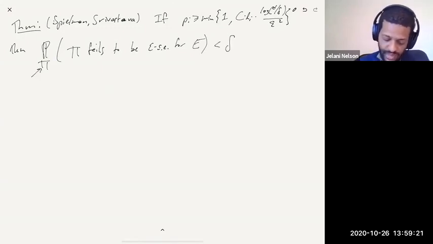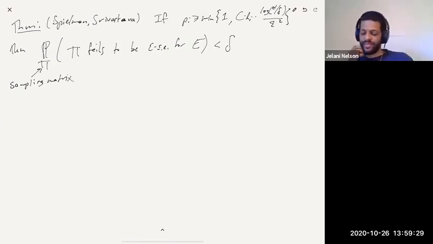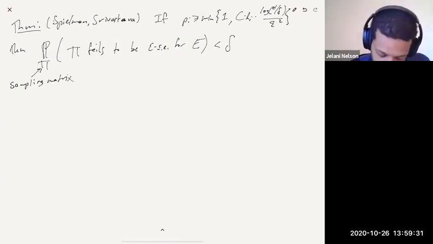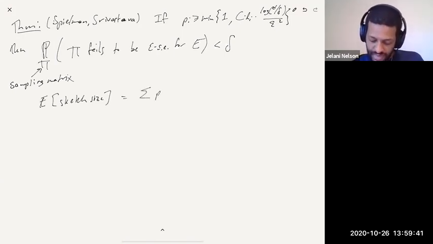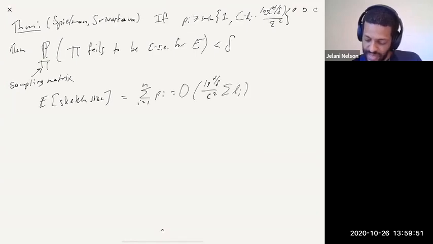Here, again, this is the sampling matrix. Okay, so then the expected sketch size is equal to the sum of the pi's, which is equal to, according to this, big O of log d over delta over epsilon squared times the sum of the Li's, which is O of d log d over delta over epsilon squared.